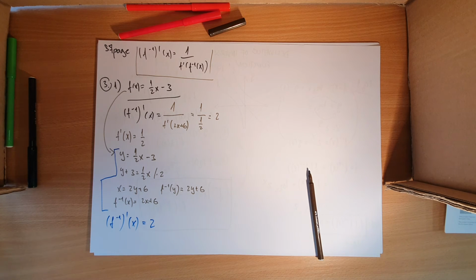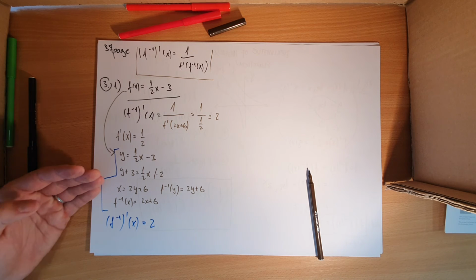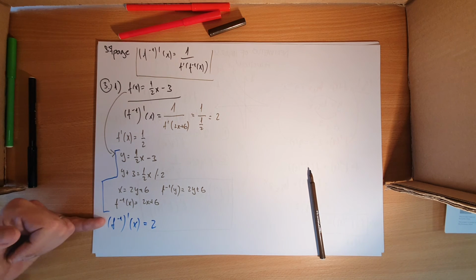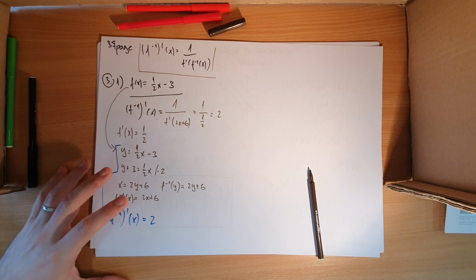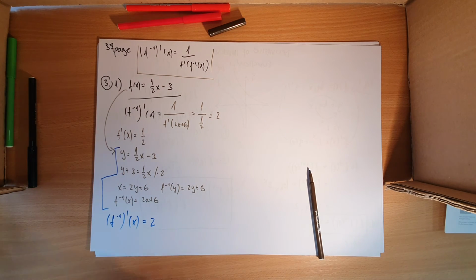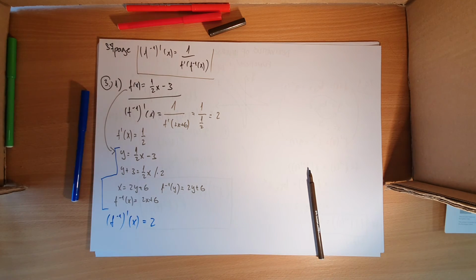But in solving tasks like these, I would encourage you to go through it using the method of inverse function, finding the inverse function, and then finding its derivative, instead of using the formula and complicating things even more. Now, let's apply this in subtask 3.